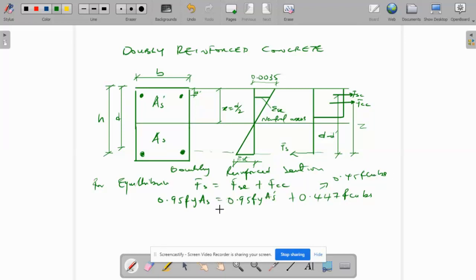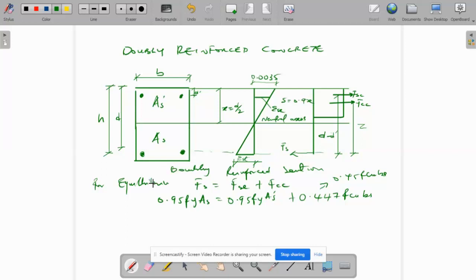The next thing we consider is that s is equal to 0.9x.